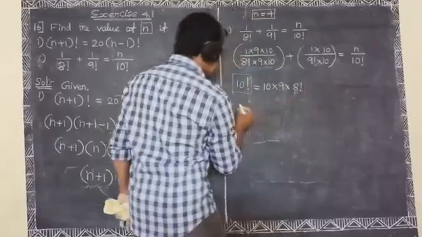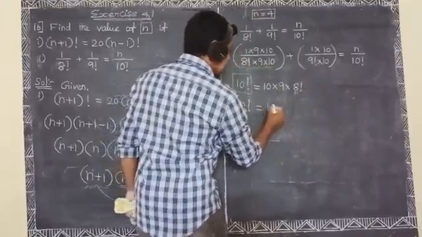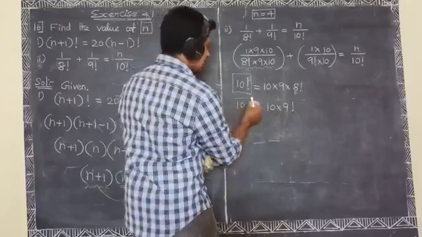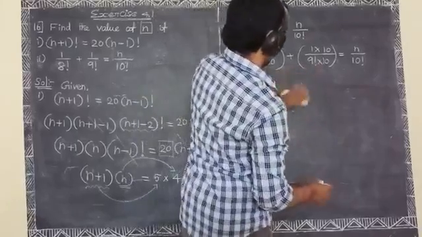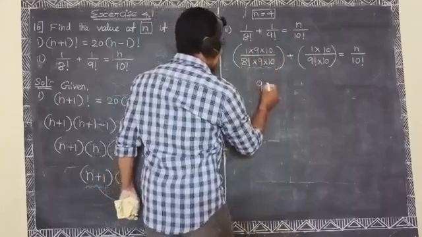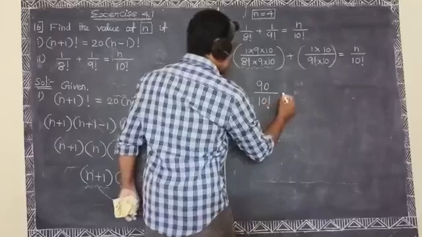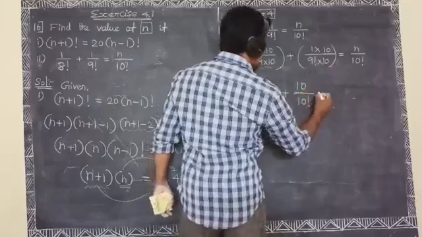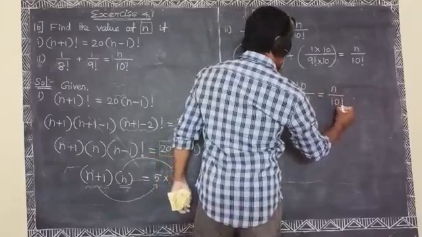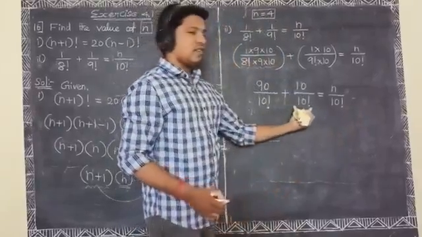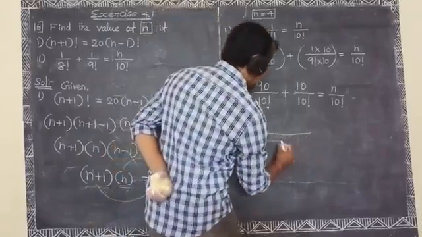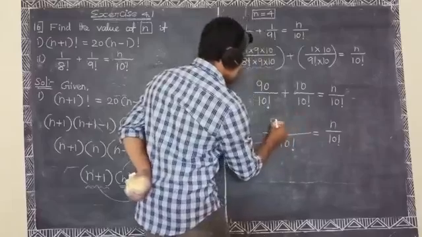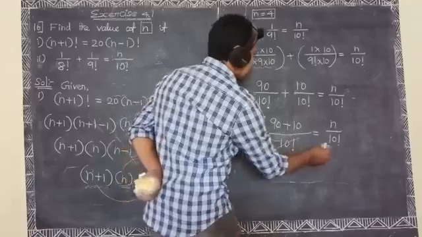In the second term, 1/9! becomes 10 over 9! × 10, and 10! is equal to 10 × 9!, so the numerator is 10. So 90/10! + 10/10! = n/10!. Taking 10! as common, the numerator is 90 + 10, and the 10! cancels.